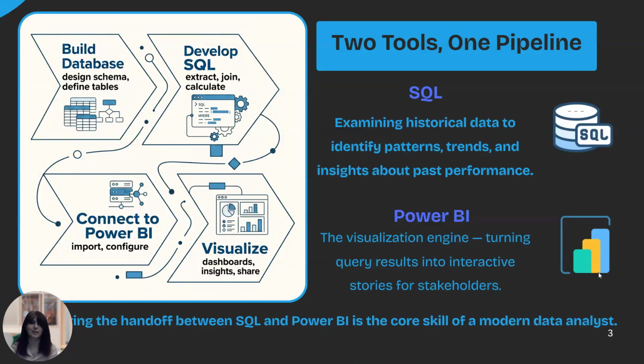We need to find the patterns and trends, and get information about insights into past performance. And finally, Power BI would be used as a visualization tool for the reports, where we would be turning the query results that we got through SQL into interactive stories to present to stakeholders.